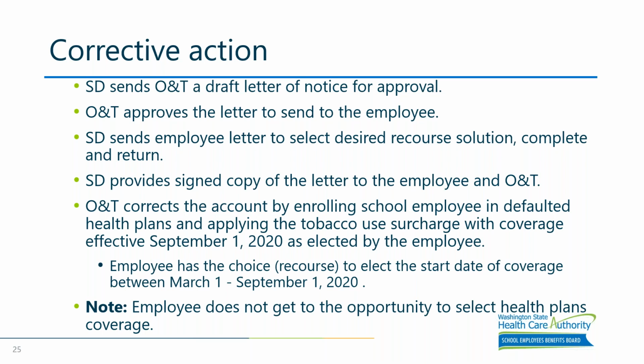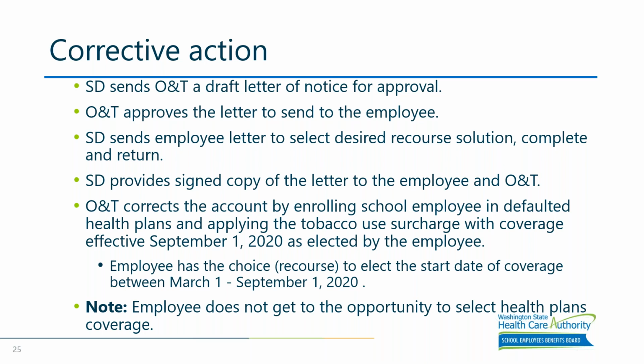So this employee elected to go forward and just have their health care benefits start on September 1st. Because the employee defaulted, the employee has the choice to elect the start date of coverage between March 1st and September 1st. They do not get the opportunity to select health plan coverage, which type of plans they want, because they defaulted.